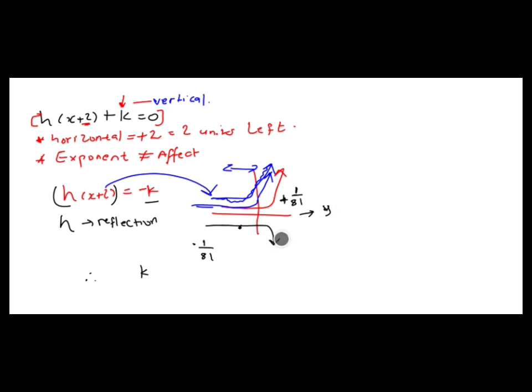So basically, this so-called new function minus k has to be between the asymptote, which is still y equals 0, and the lowest known negative y value. So it has to stay between the asymptote 0 and now the lowest known negative y value of minus 1 over 81.